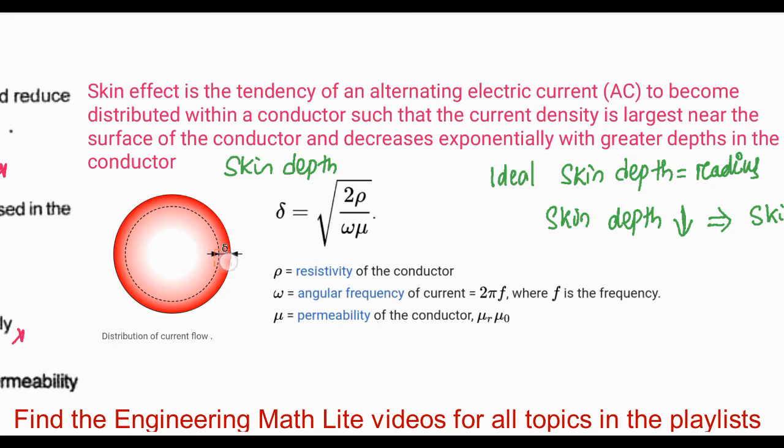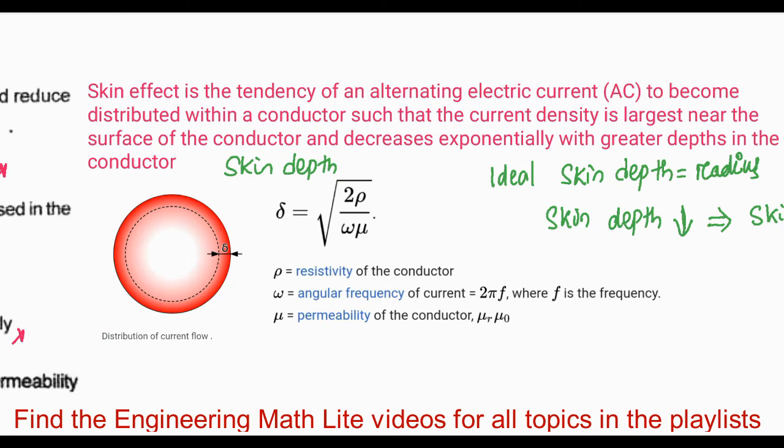Suppose we consider a cylindrical solid conductor, then the current density will be maximum at the surface or the peripheral area, and it will be less towards the center.